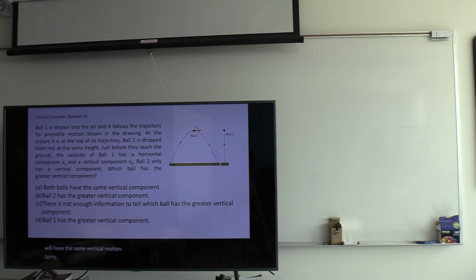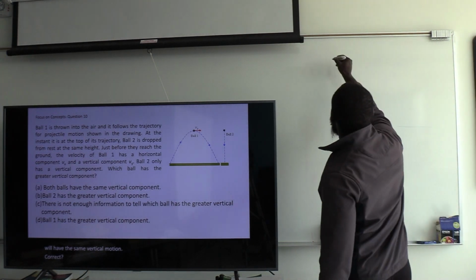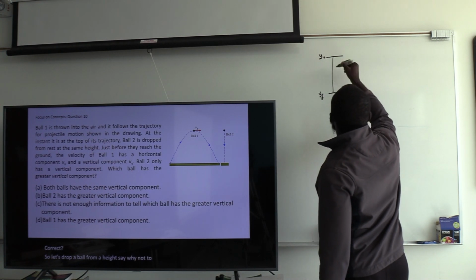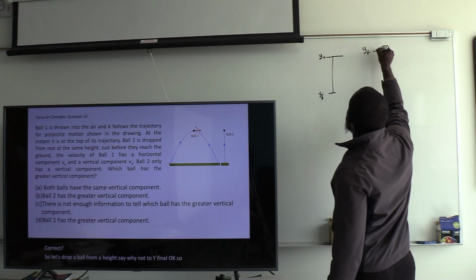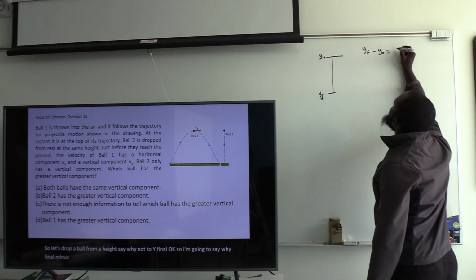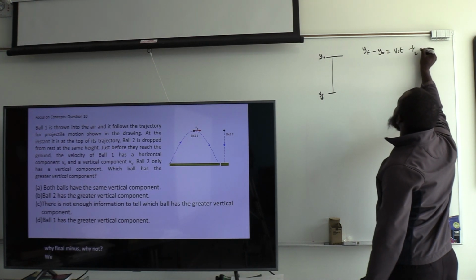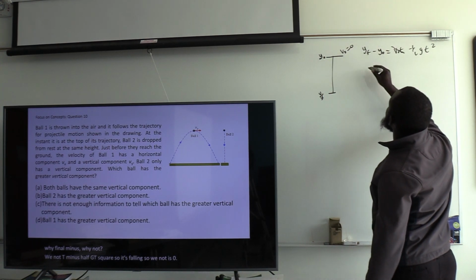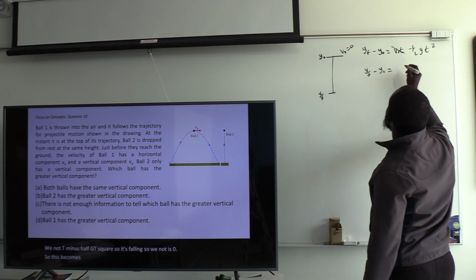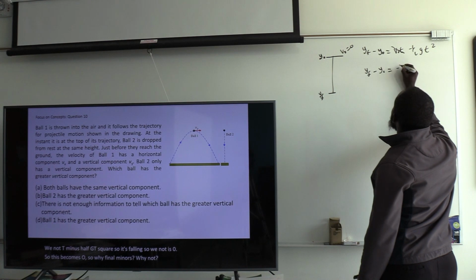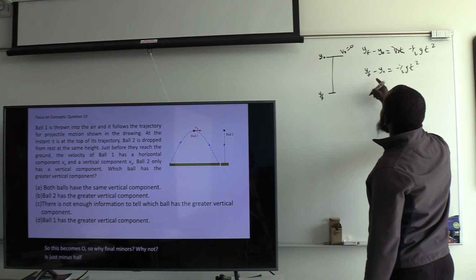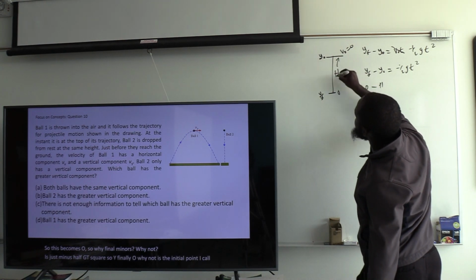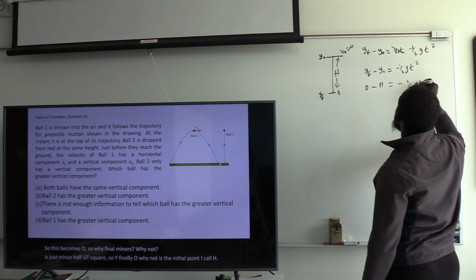So okay, I can as well just prove to you why the vertical components there are the same, for those of you who might have a problem trying to understand why dropping a ball and throwing a ball horizontally from a height will have the same vertical motion. Let's drop a ball from a height, say y naught to y final. So y final minus y naught equals v naught t minus half g t squared. So it's falling, so v naught is 0, so y final minus y naught is just minus half g t squared. So y final is 0, y naught is the initial point I call h, equals minus half g t squared.